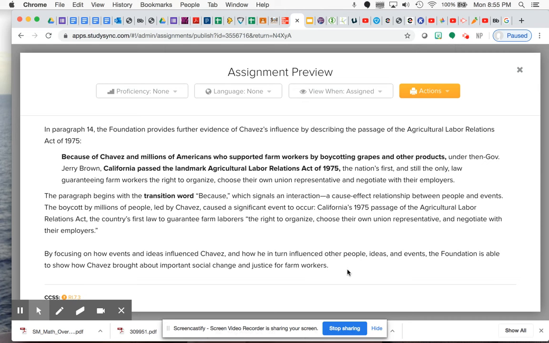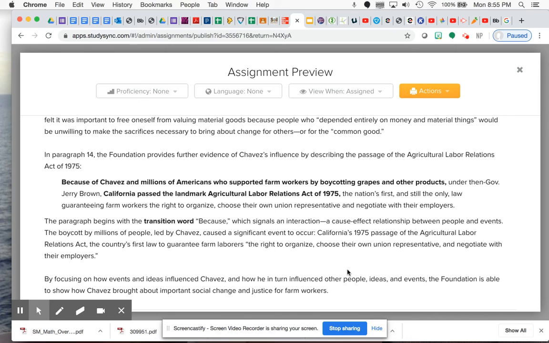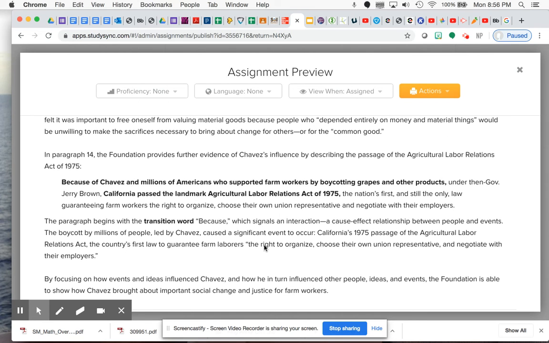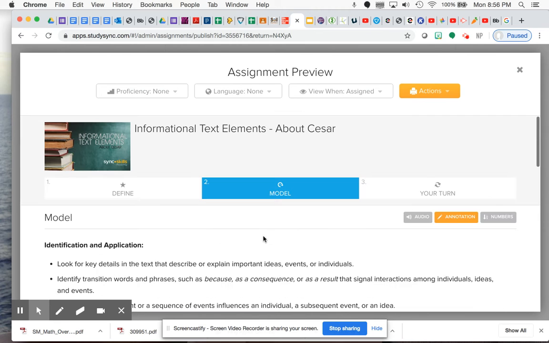So we are mainly focusing on these types of elements that further prove and demonstrate how not only Chavez's life influenced him to want to bring about change and reform, but that all of his actions then led to a lot of other effects on other people's lives throughout a lot of US history within the past 50 to 60 years.